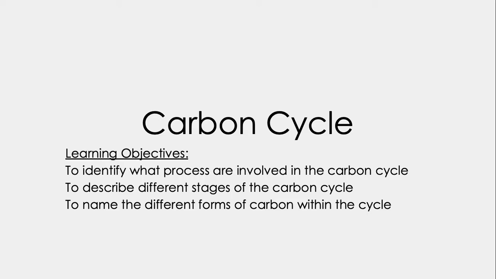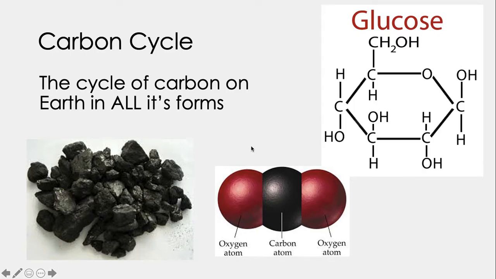I'm sure you can think of a substance which has carbon in it. Why don't you have a little think for me for a moment of a substance that has carbon in it? I imagine the one that comes to your mind to begin with is carbon dioxide, the carbon dioxide molecule.